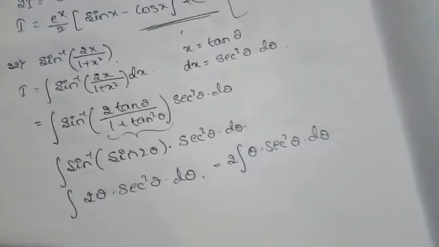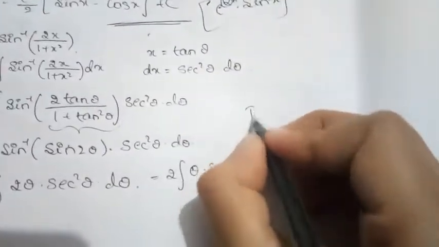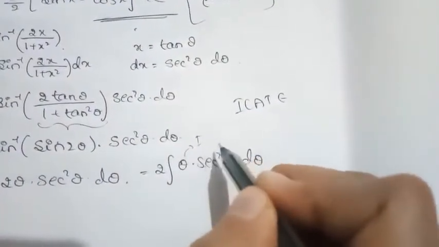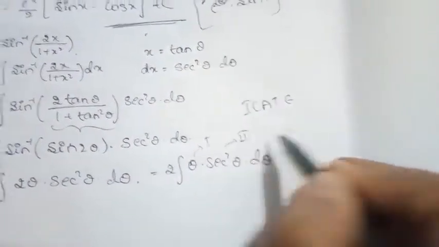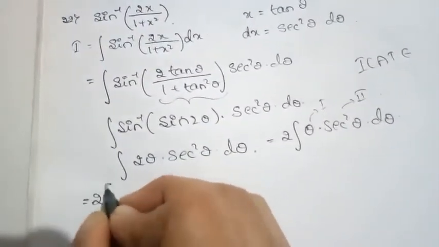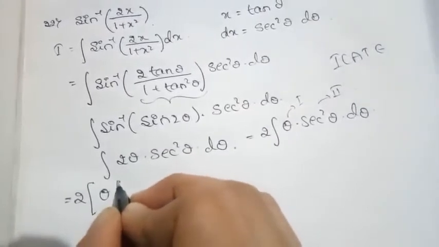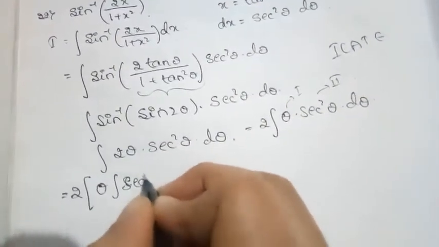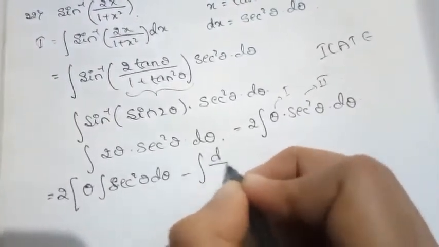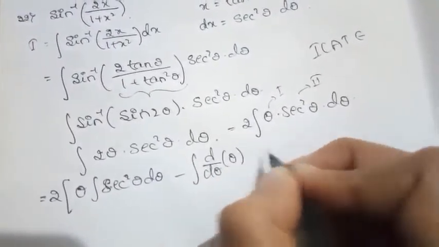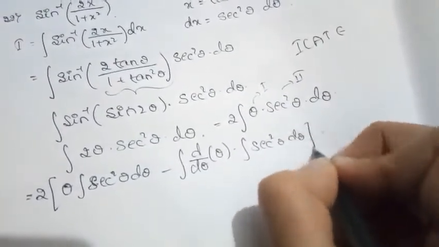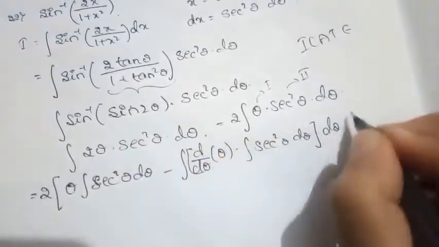Now it is in the form of a product of two functions, as per our ILATE rule. Theta is the first function, and secant square theta is the second function. The integration is equal to 2 into first function times the integration of secant square theta d theta, minus the integration of the differentiation of theta with respect to theta into the integration of secant square theta d theta.